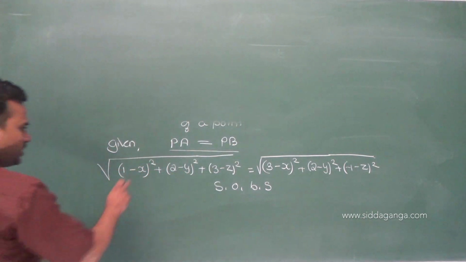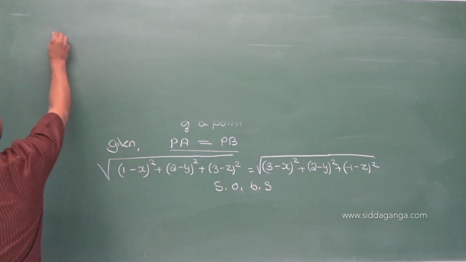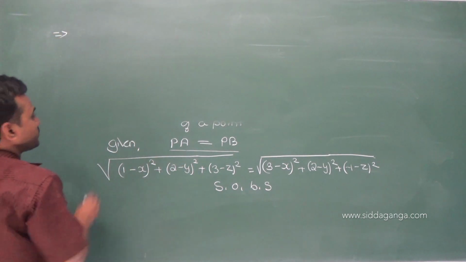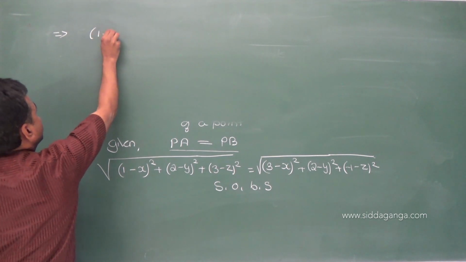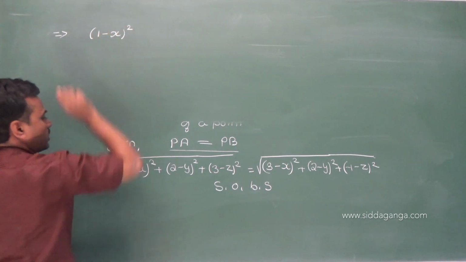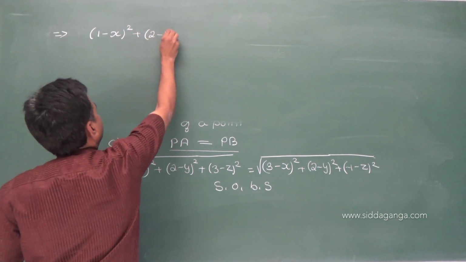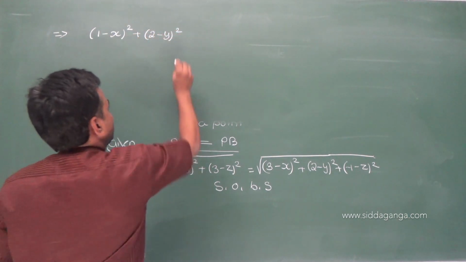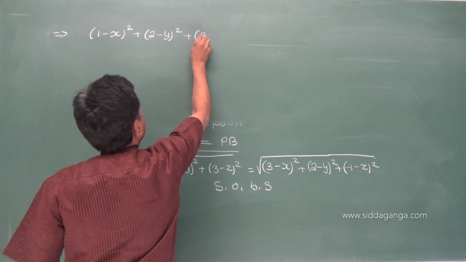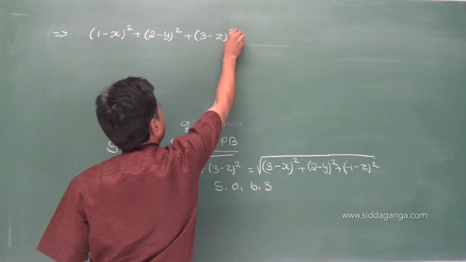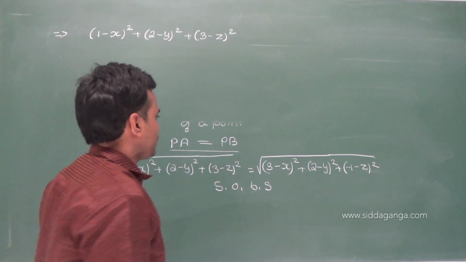Squaring on both sides, square root gets cancelled. What is left? That implies (1 minus x) whole square plus (2 minus y) whole square plus (3 minus z) whole square, LHS square root gets cancelled.